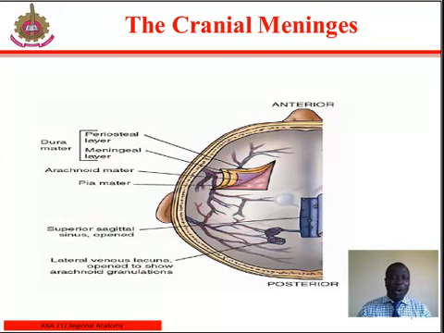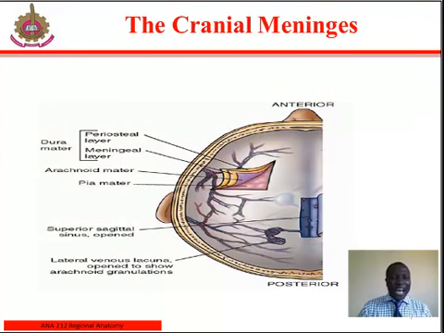The meninges are composed of 3 membranous connective tissue layers. We have the dura mater, which is a tough, thick external fibrous layer. We have the arachnoid mater, that is the thin intermediate layer, and the pia mater, that is the delicate internal vascular layer.